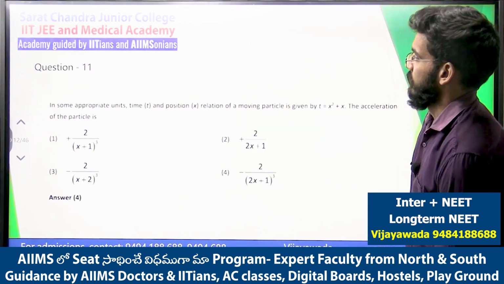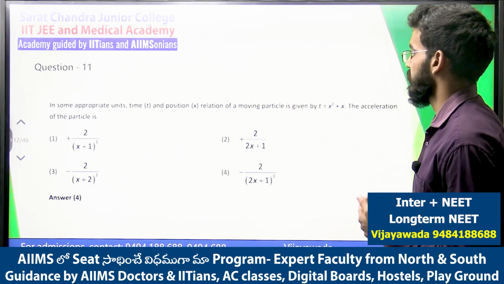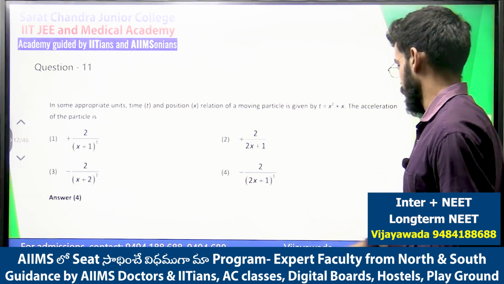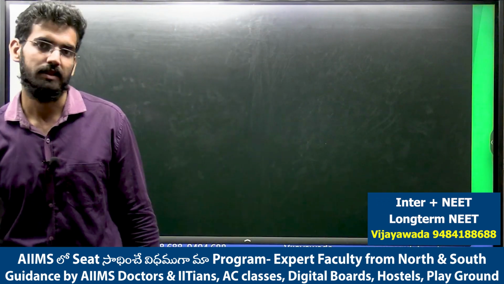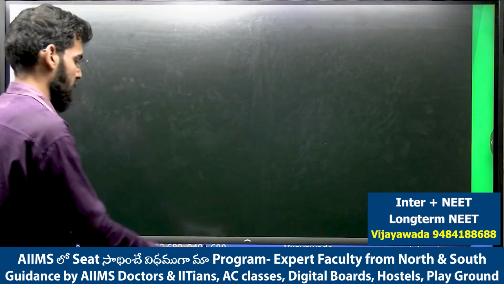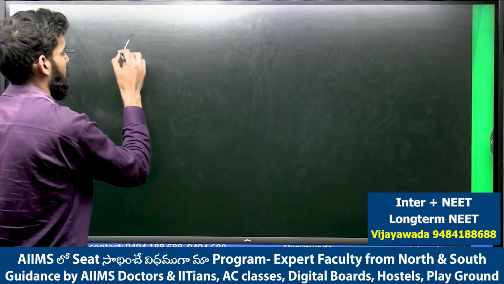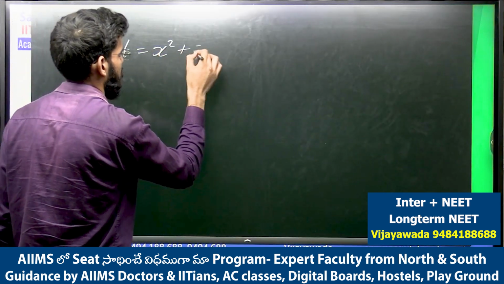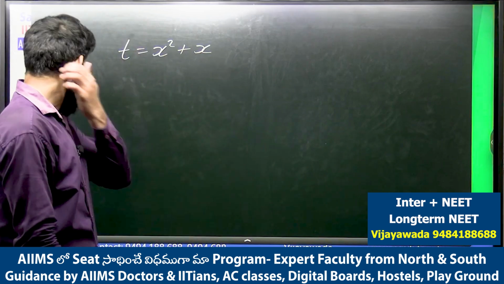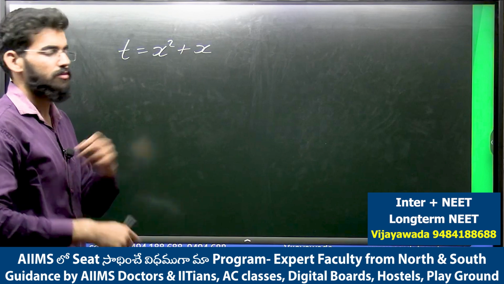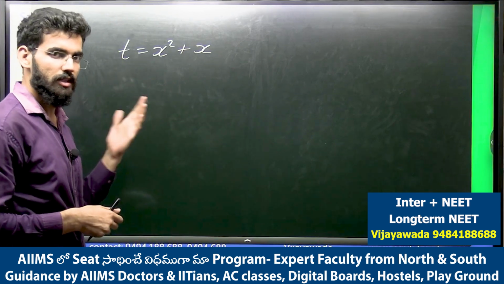Next, this is also a very easy question. t equals x square plus x. Then he is asking for the acceleration of the particle in terms of x. If you know the simple differentiation that we teach in 11th class basics, and for NEET also, okay. Generally NEET people are not from a mathematics background, so they don't even focus on the basics of differentiation, but they should.